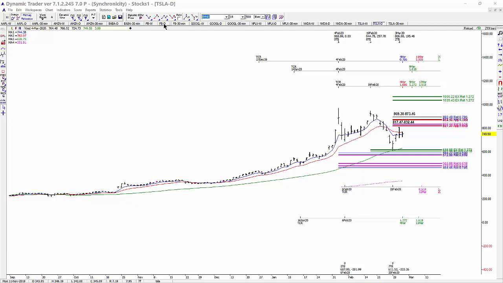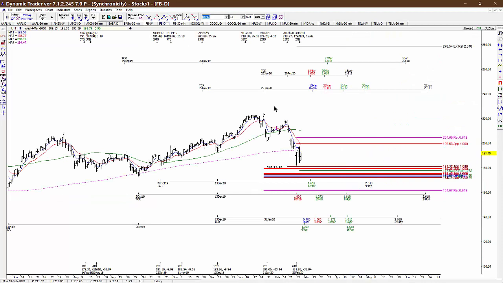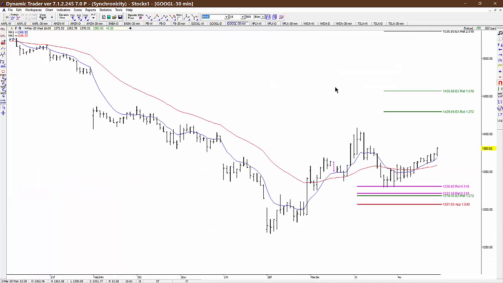But let's see. Well, give me a chart that you want to look at.